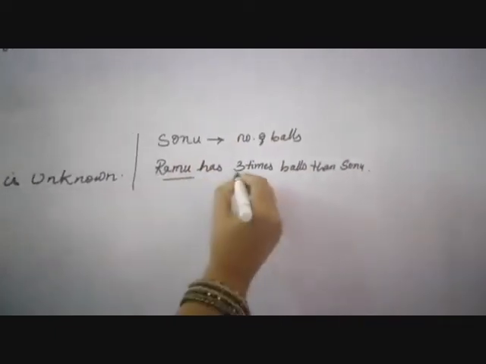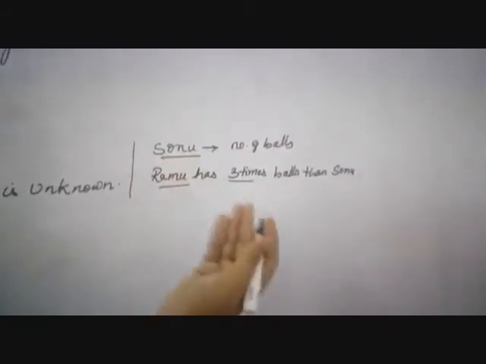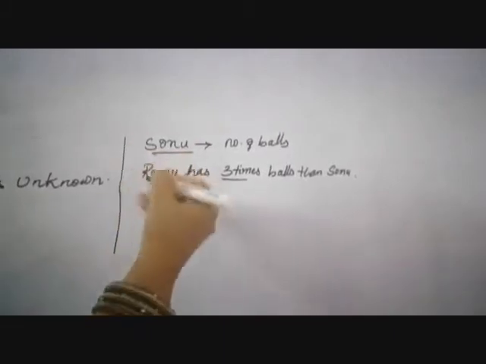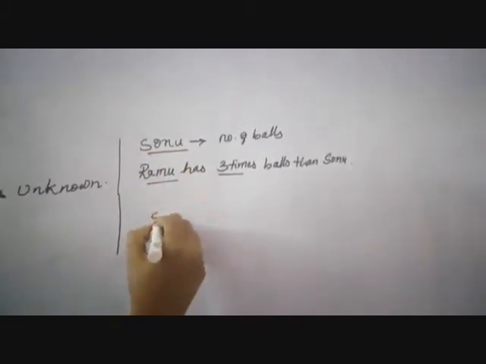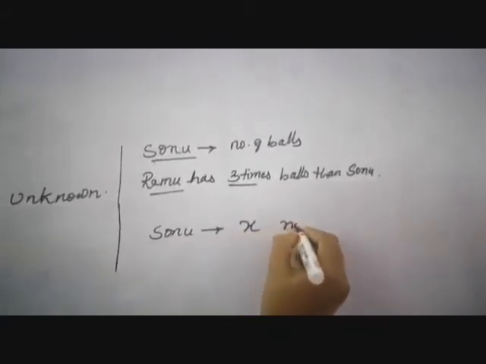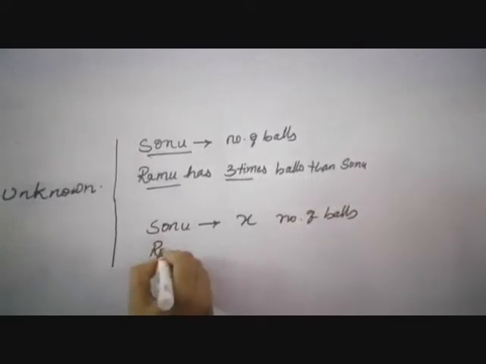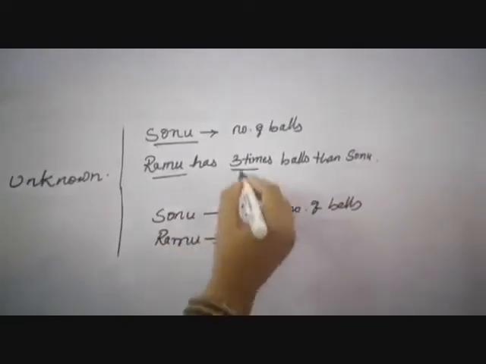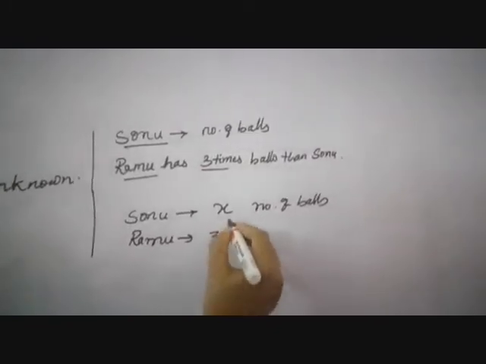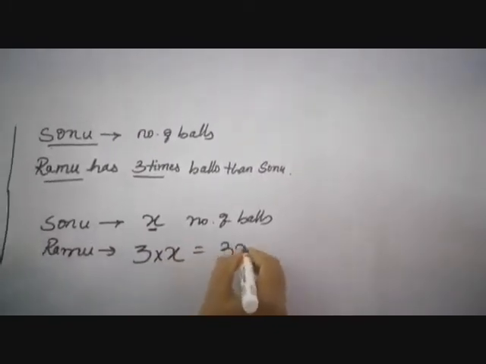We don't know how many balls Sonu has. That we will take as some unknown variable, that is, Sonu has some X number of balls. Now Ramu's condition is given as 3 times. So 3 times means 3 into X, that is called 3x.